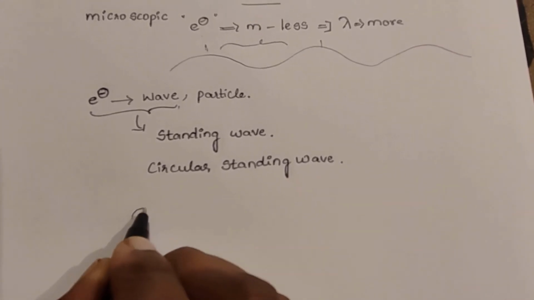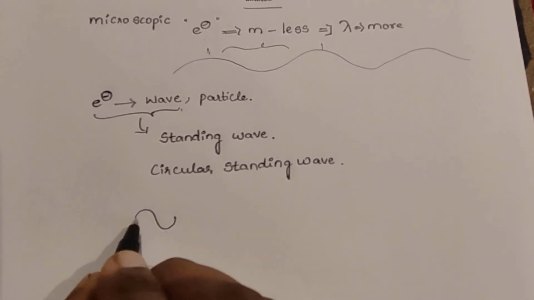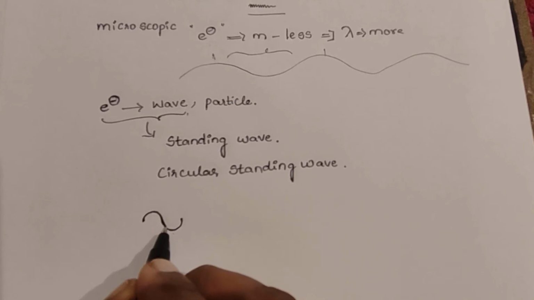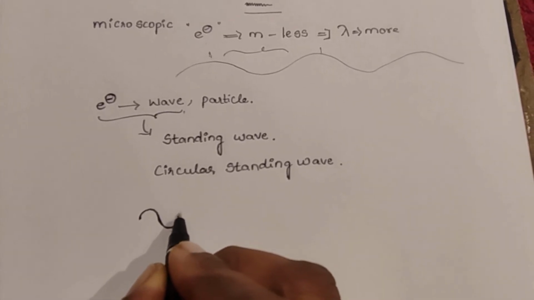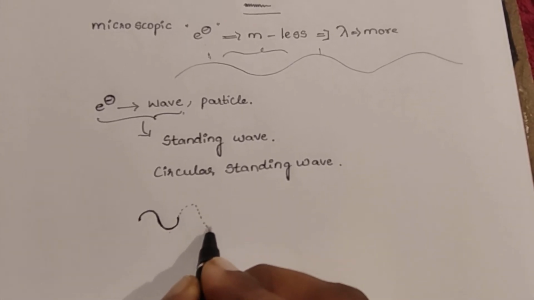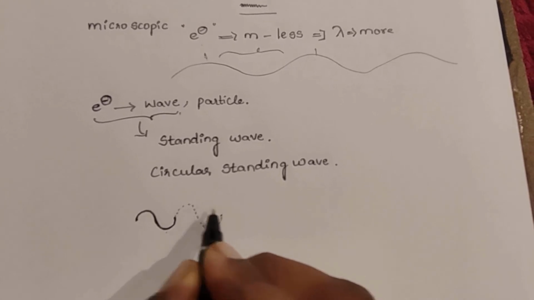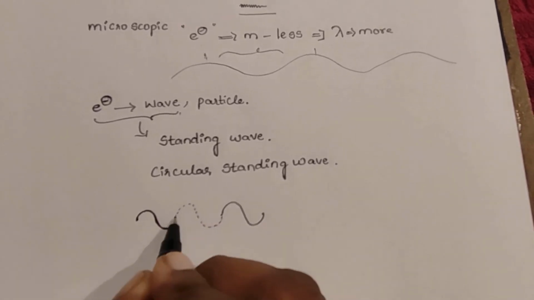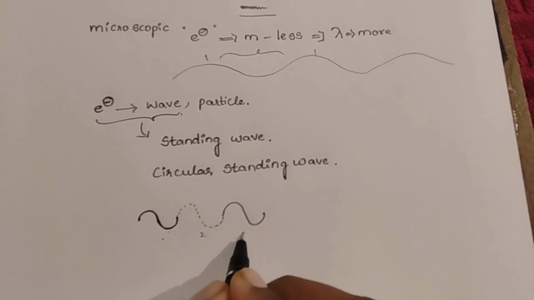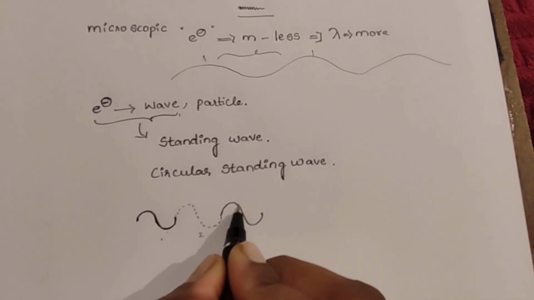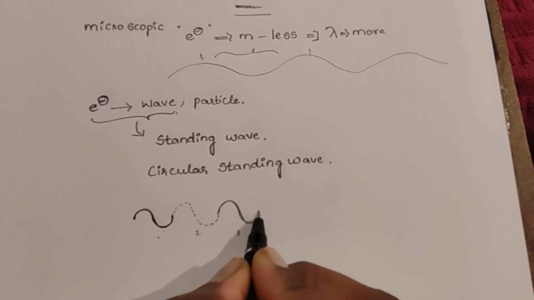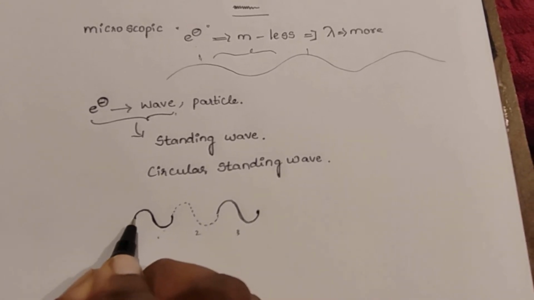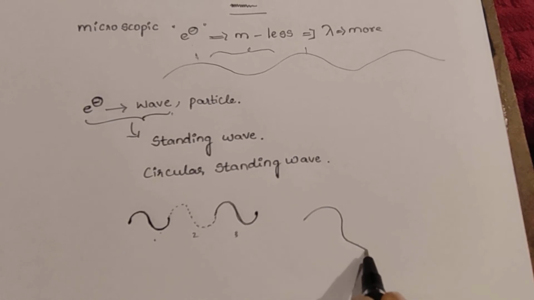So, if we consider this as one wave, one trough and one crest, and another wave, one trough, one crest. Circular standing wave means I am showing 1, 2, 3 waves. This is the third wave. The ending of the third wave must be the starting of the first wave.